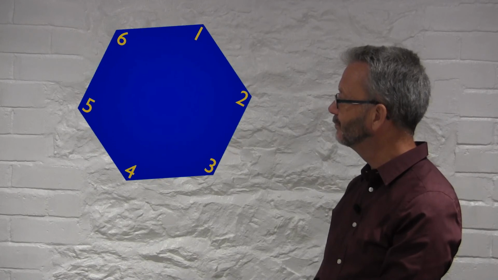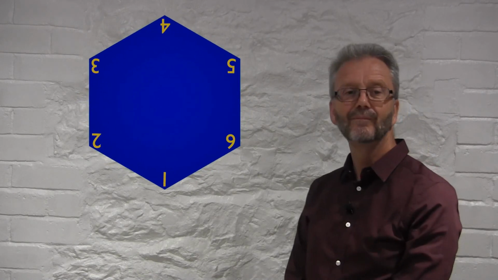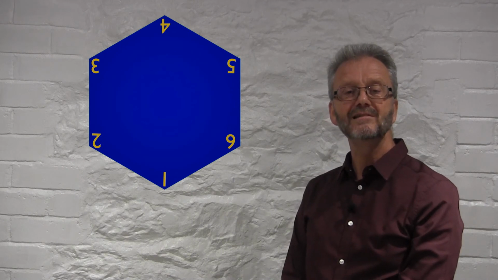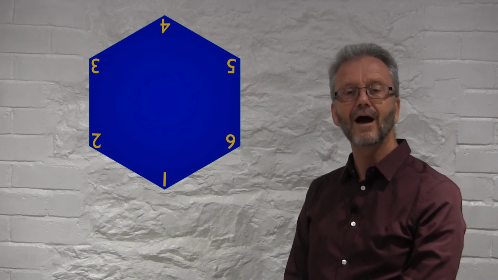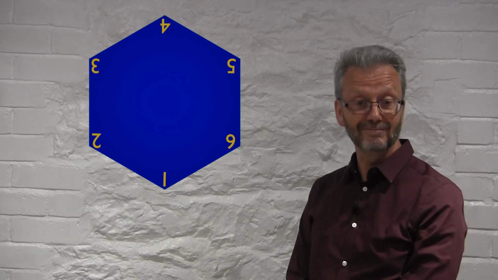So what happens if we rotate our shape by 60 degrees 3 times? We'll take the hexagon back to the start point for this one. This is identical to rotating it by half a full rotation, a C2 symmetry operation.